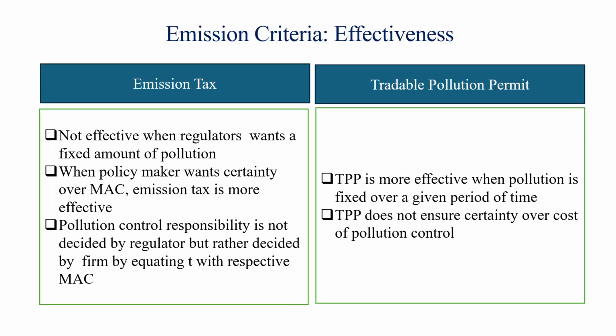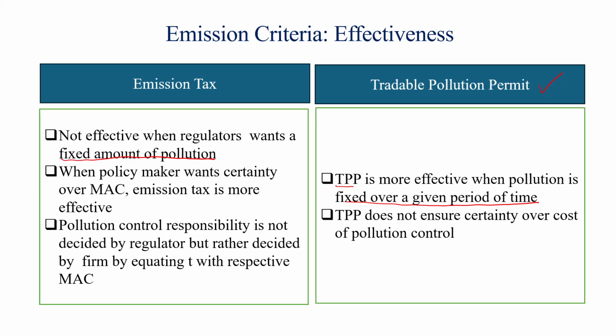From here we can conclude that the emission tax system is not effective when the regulator wants a fixed amount of pollution, right? Tradable pollution permit is more effective when pollution is fixed over the given period of time. So when the amount of pollution or amount of emission is fixed, then we have to go towards the tradable pollution permit because it will ensure the maximum tolerable limit of emission.